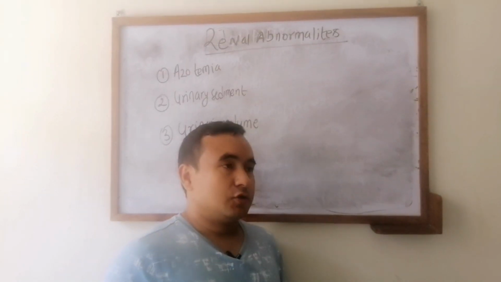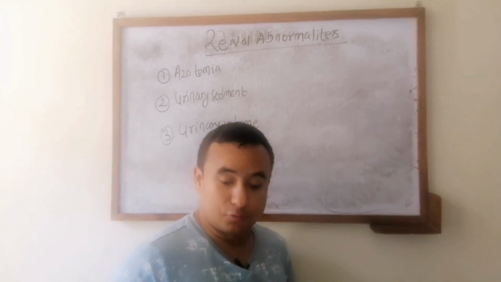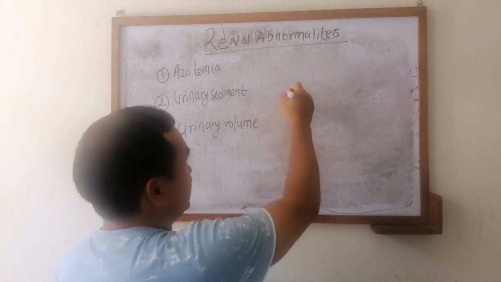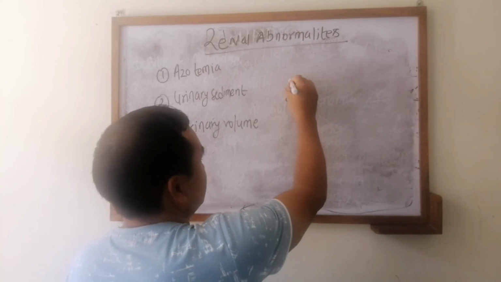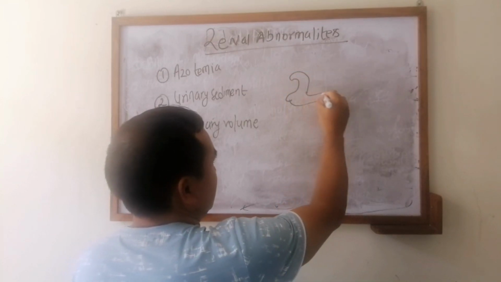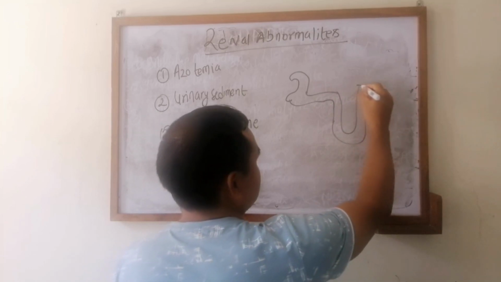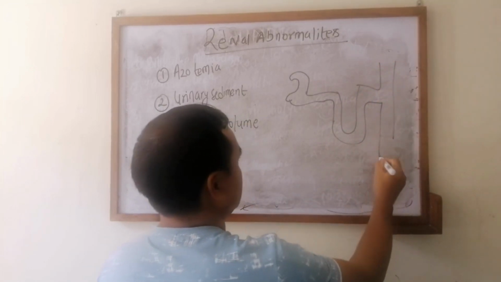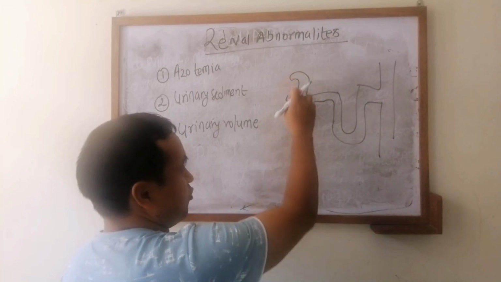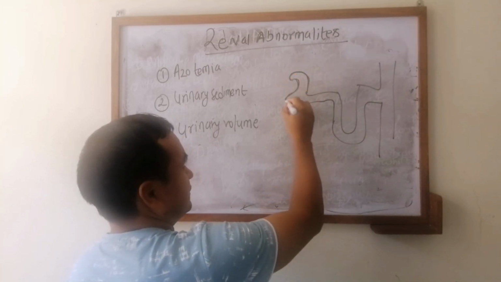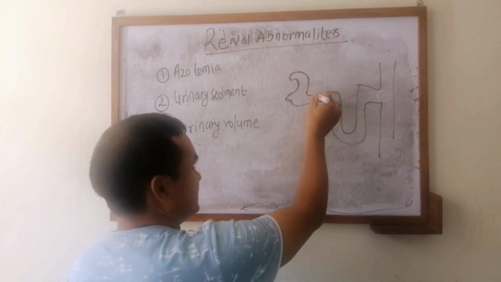Okay. So we all know that in our kidney you can see this type of structure. This is the Bowman's capsule, and this is the tubule.